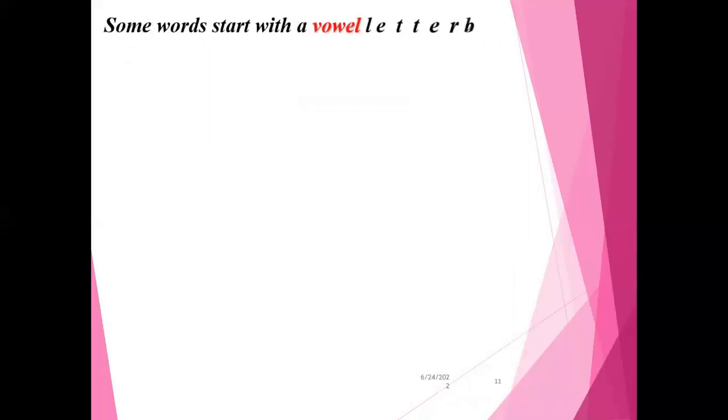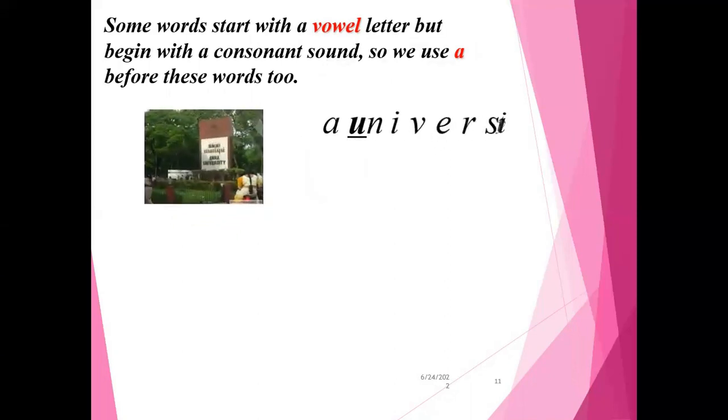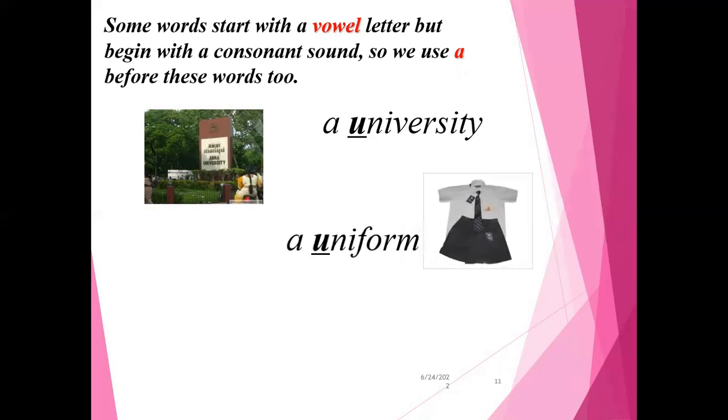Some words start with a vowel letter but begin with a consonant sound, so we use a before these words too. For instance, a university. Apparently it starts with the letter U, which is considered a vowel, right? But here it is not producing the vowel sound, so we are not going to use an before it. Then, a uniform.